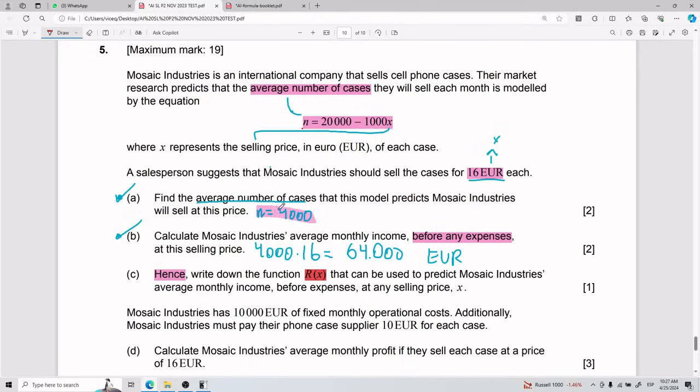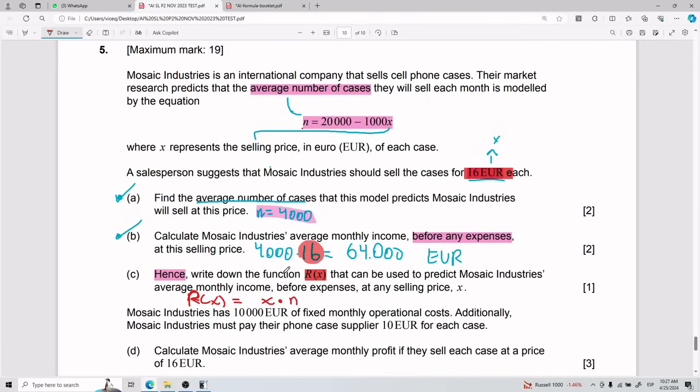Technically, I found an n of 4,000, and then this n of 4,000, I multiplied it by my price, correct? So technically, R of x is just going to be your price x times your amount n, right?